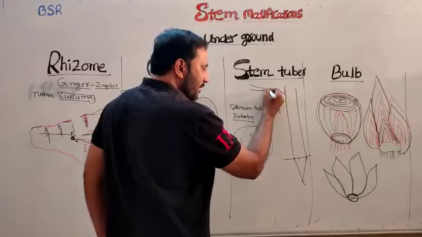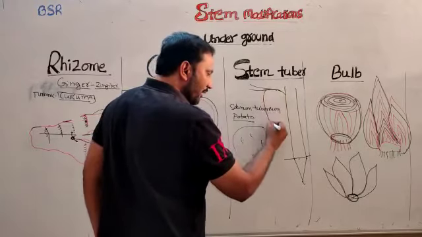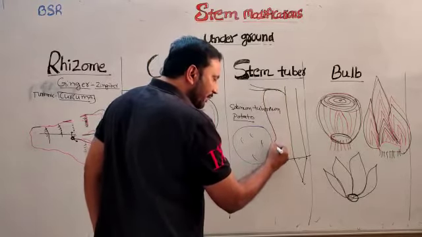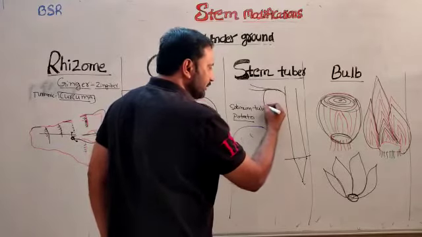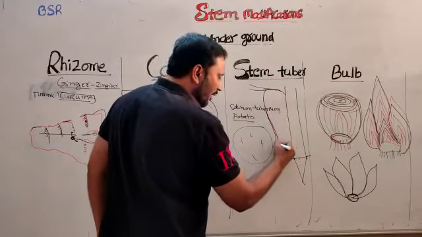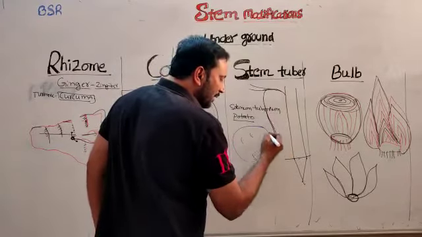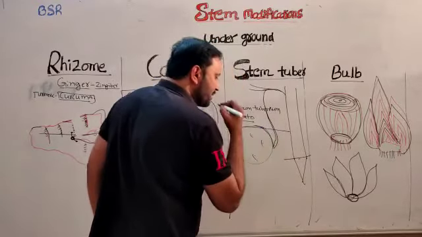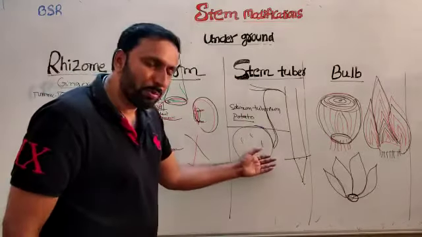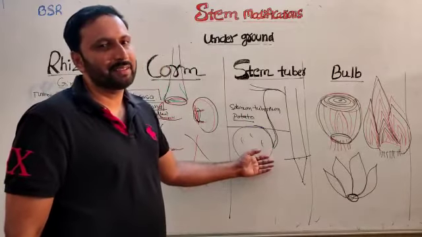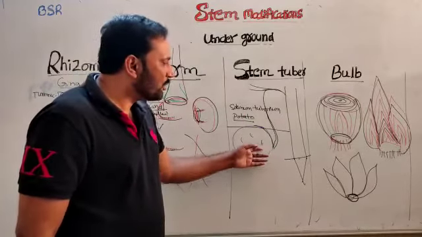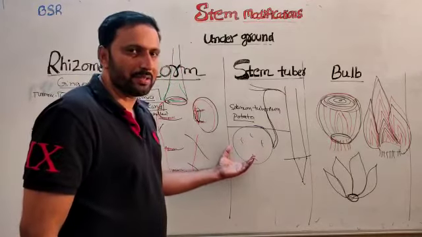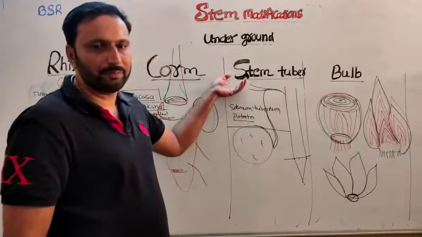Some of the branches grow towards the soil. When the tip of the branch enters into the soil, the tip stores food materials and becomes tuberous, called stem tuber.